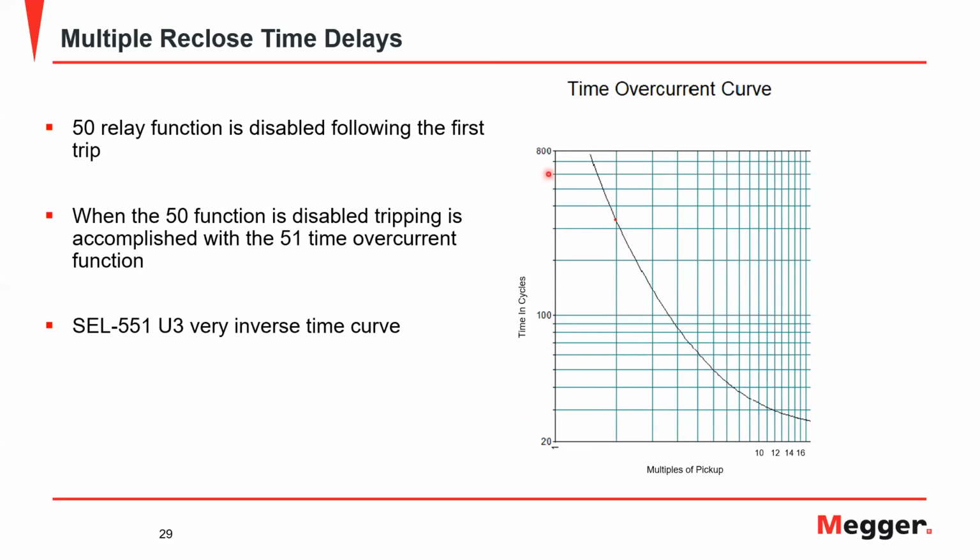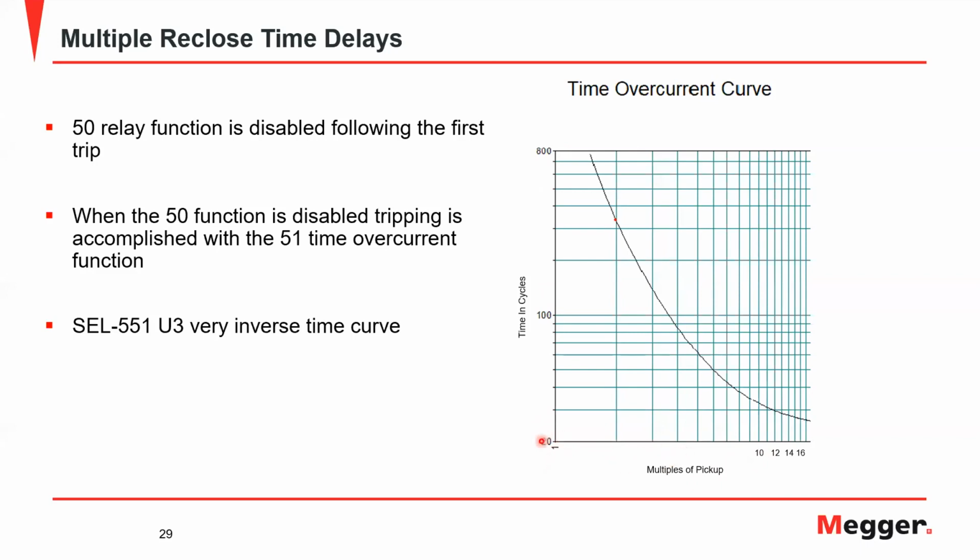In this case, it's set up to give me time in cycles, and on this axis we have multiples of pickup. Notice that it's a log graph. Pickup, by definition, is the tap at which the timing begins. So if we have a relay set on 10 amps, this 1 would be 1 times pickup, or 10 amps. With this being 10, you can see that this becomes 2, 3, 4.